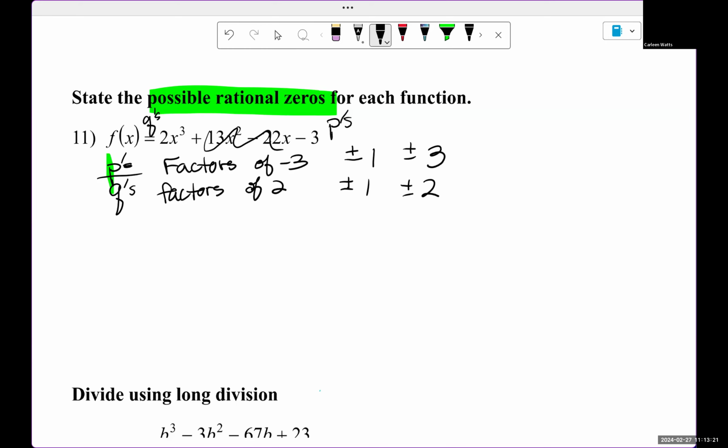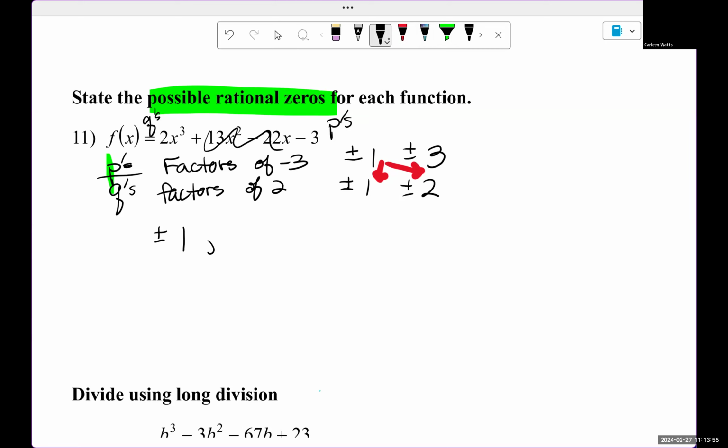Okay, so now it's time for handshakes. Okay, so everyone from the factors of -3 family shake hands with everyone from the factors of 2 family. So when I shook hands, I get plus or minus, there's a fraction, 1/1 is 1.